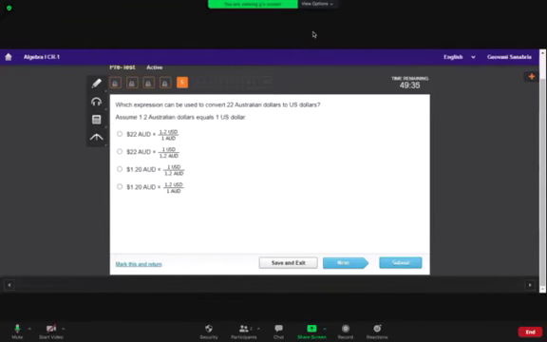So 1.2 Australian dollars is equal to 1 US. So you're trying to figure out how many 1.2s fit into 22. Does that make sense? And to figure that out, whenever you're trying to fit, or how many goes into, that's division. So you do 22 divided by 1.2. So it should be 18.